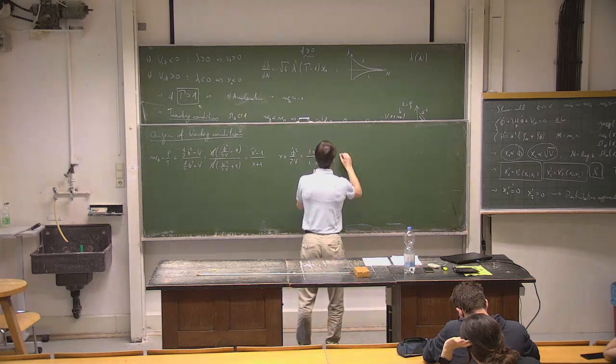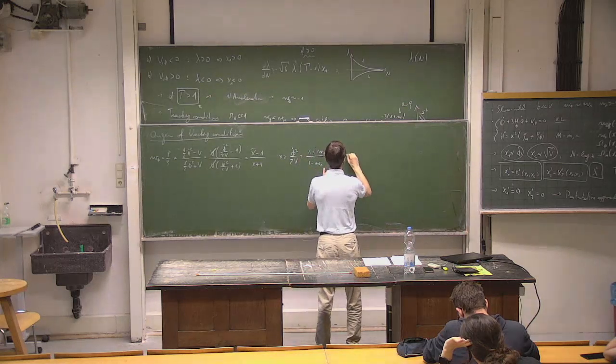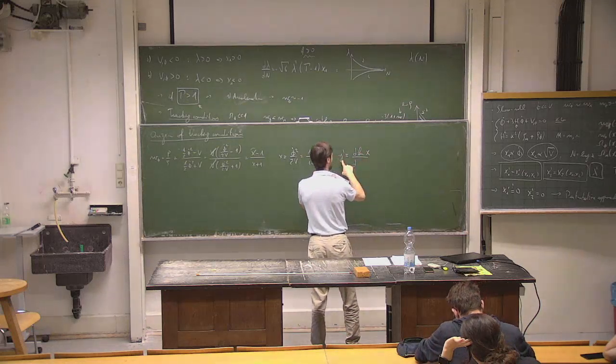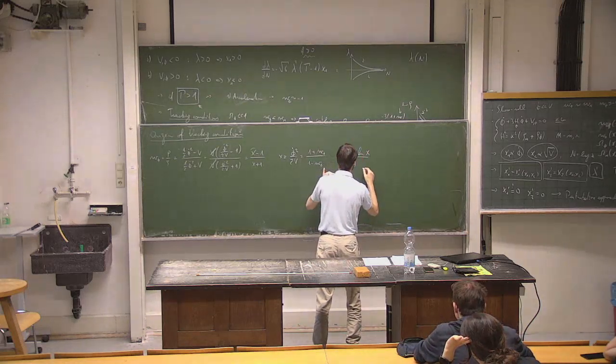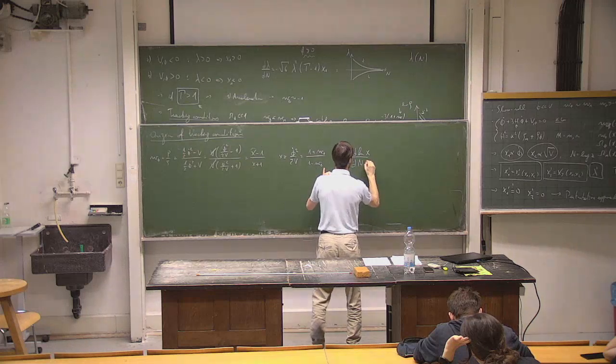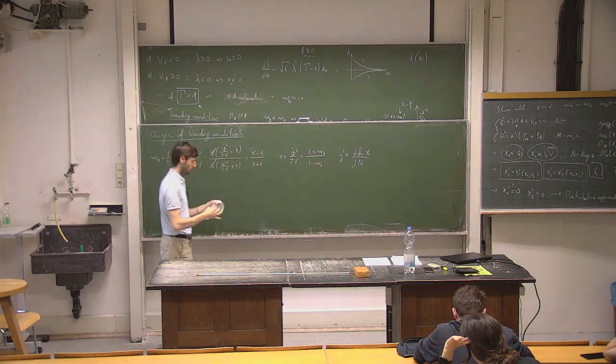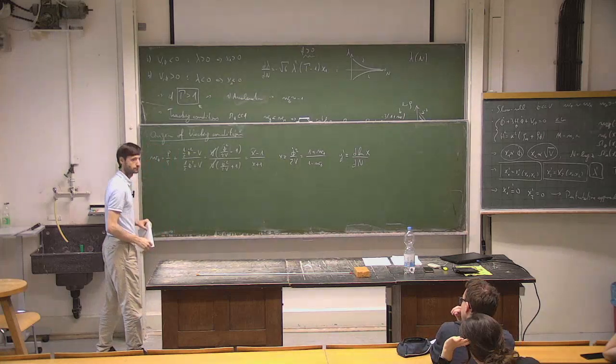Then for convenience, I call y prime the logarithmic derivative of this parameter X with respect to the number of e-foldings.